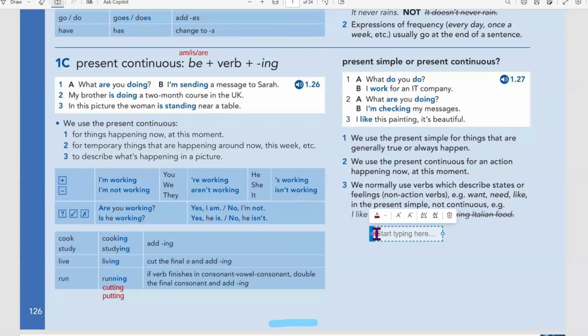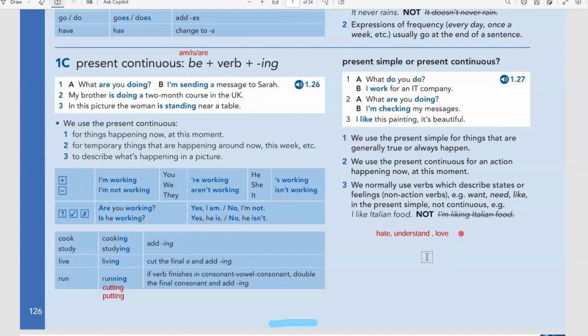I can give you more here. Hate, understand, love, want, need, like. We call them non-action verbs because there is no action. There is only understanding or feeling.